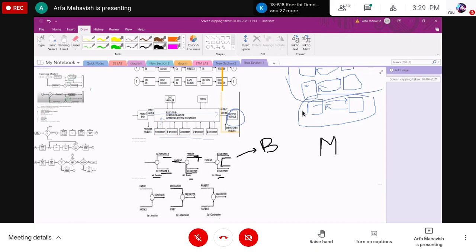And next we have T1 and T2, right? Predictor and query. Here it is transferring to one and the other.